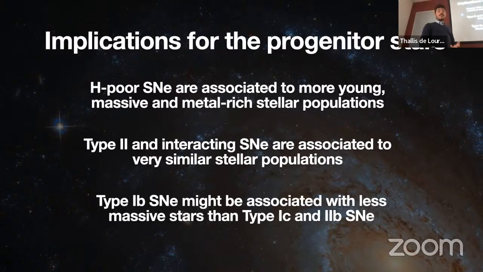And the Type IIb supernovae are associated with less massive stars than Type Ic and IIb supernovae. So in this case, Type Ib supernovae would be connected to binary systems because they would be less massive, while Type Ic and Type IIb could be connected to more massive single stars.